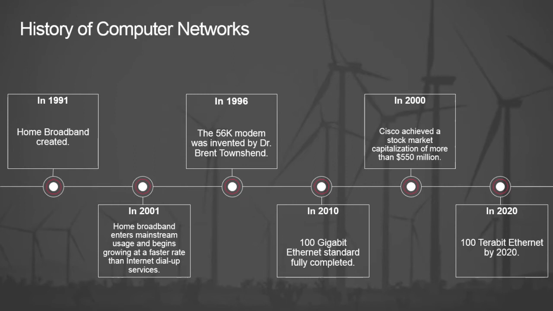In 2001, home broadband entered mainstream usage and began growing at a faster rate than internet dial-up services. In 2010, you can see the 100 gigabit Ethernet standard was fully completed, and by 2020, the ultimate goal is terabit optical Ethernet, enabling 100 terabit Ethernet. So this is how you can see the computer network is changing the world of communication.